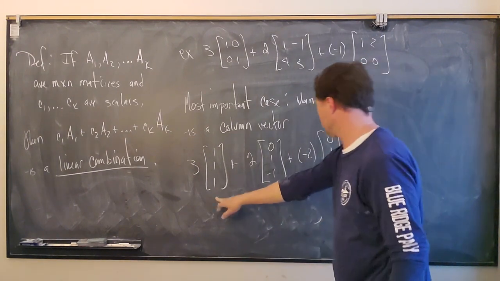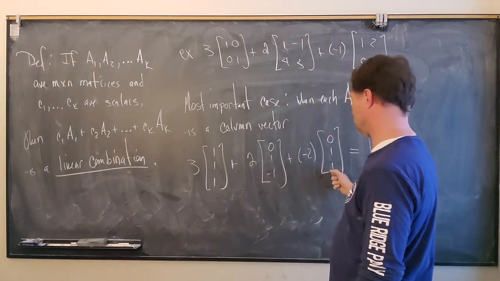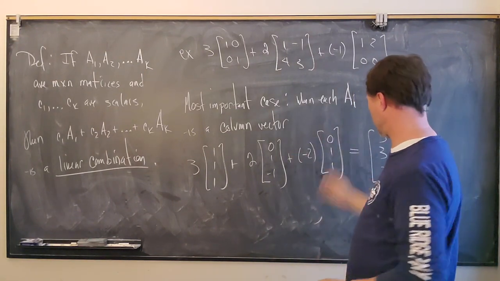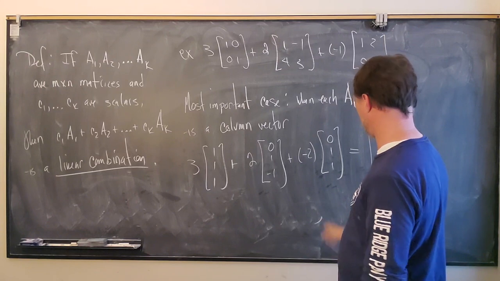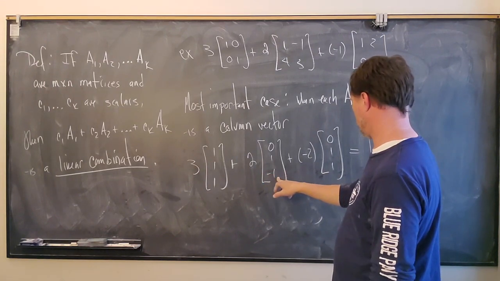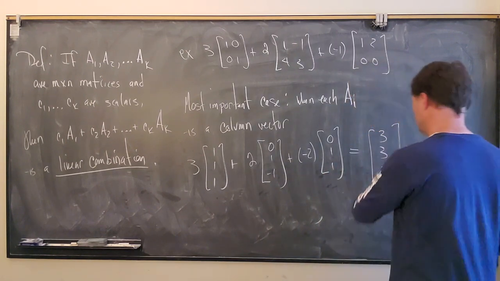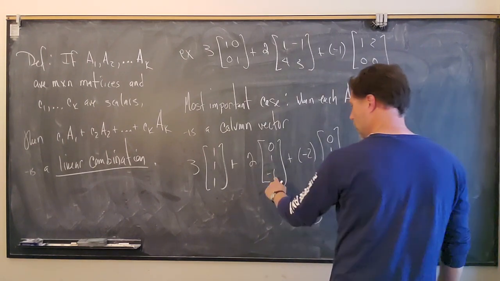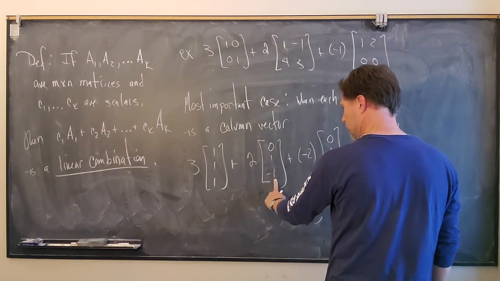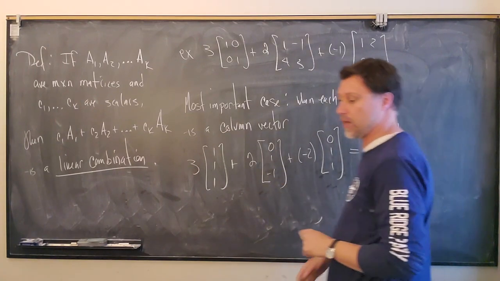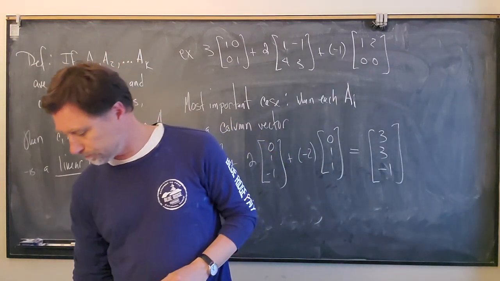Then we'll get 3, 3, 3. Oh, no, wait a minute. Minus 1, that would be negative 2. Oh, sorry, that would be 3 plus negative 2 gives me 1, minus 2 gives me a minus 1 in that bottom entry right there.